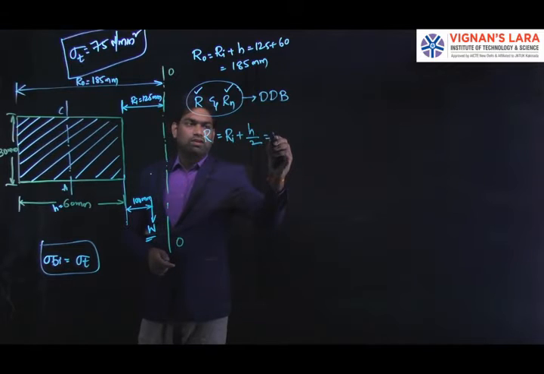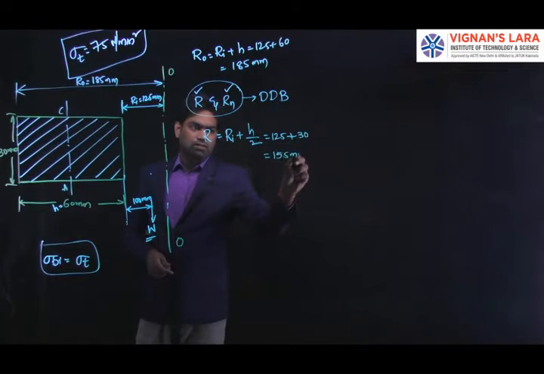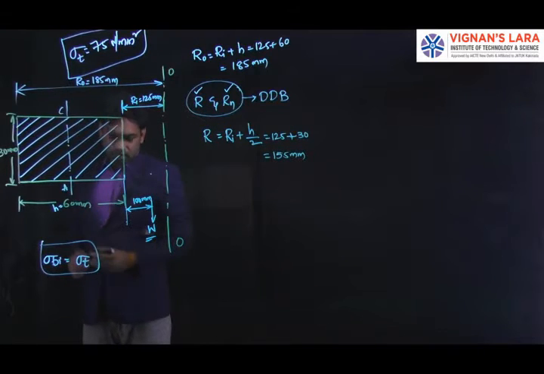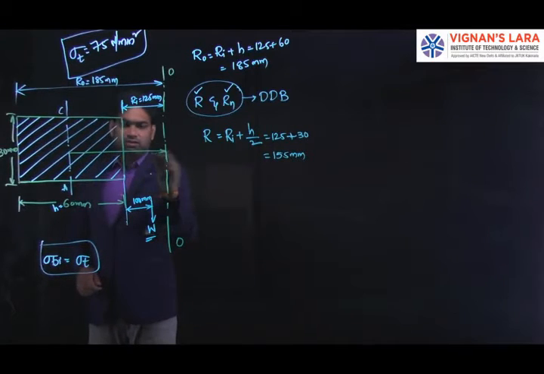So it is 125 plus, H is 60, so here it is 30. So it may be 155 mm. Clear? And then you can represent in the diagram the radius of curvature to the centroidal axis, that is R equal to 155 mm. Clear?